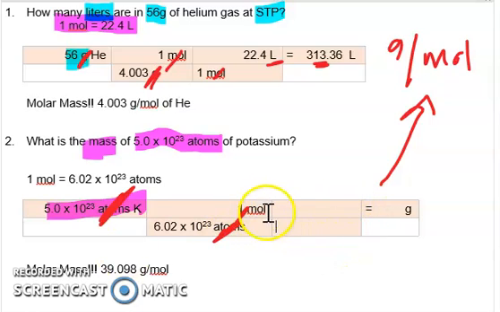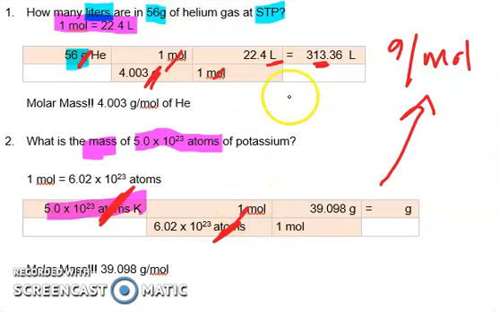So now I can go and fill it in. I know that moles have to go at the bottom, so I can cancel out the moles at the top, and therefore grams have to go at the top. So I have 39.098 grams per 1 mole. Now I have canceled out my moles because I have them at the top and the bottom. I have grams left over, which is what I wanted, and now I just have to multiply and divide whatever I have.